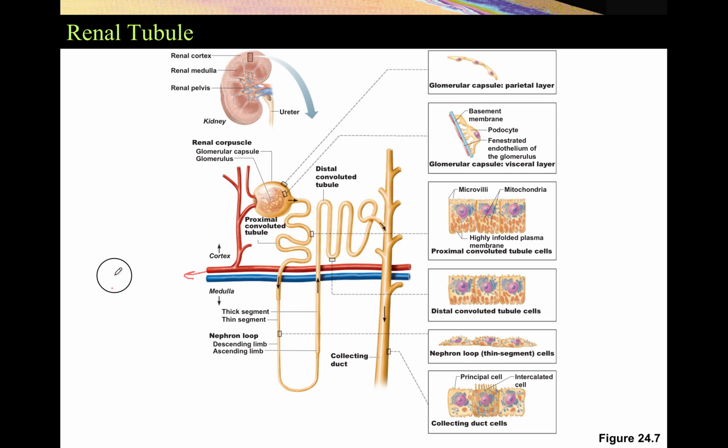This is called the arcuate artery, okay? This branch that you see is directly in the cortex, so we call this the cortical radiate artery, which forms this branch right here.